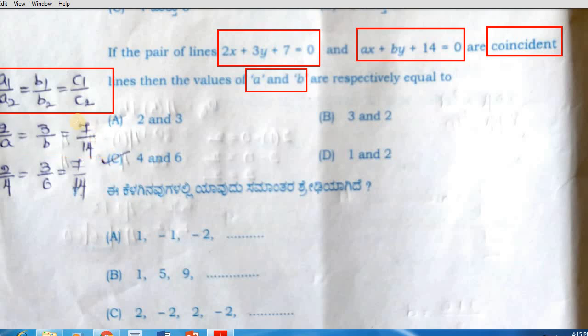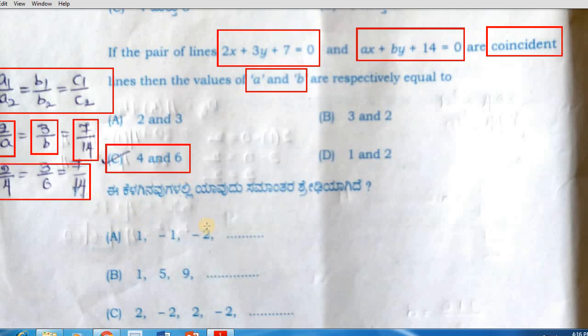Now observe only 7 by 14, children. What is the simplest form of 7 by 14? That is 1 by 2. Here also you want to get 1 by 2. Hence b value should be 6. Here also you want to get 1 by 2. Hence a value should be 4. That I have clearly mentioned here. Hence for this question the right answer is option C, 4 and 6.